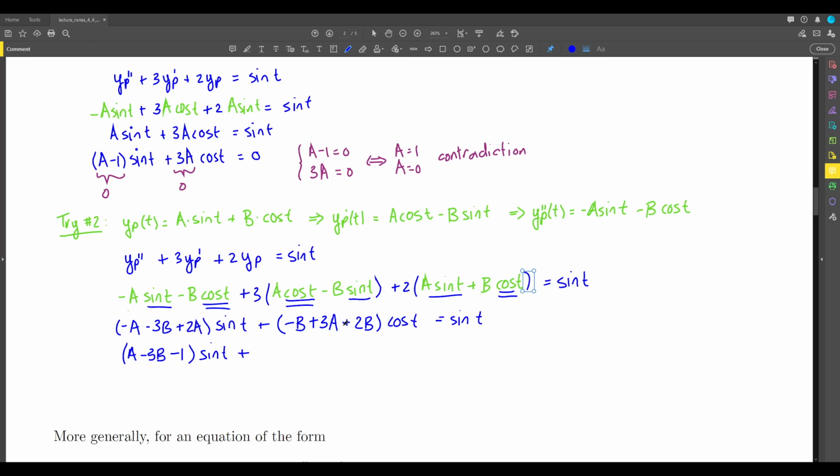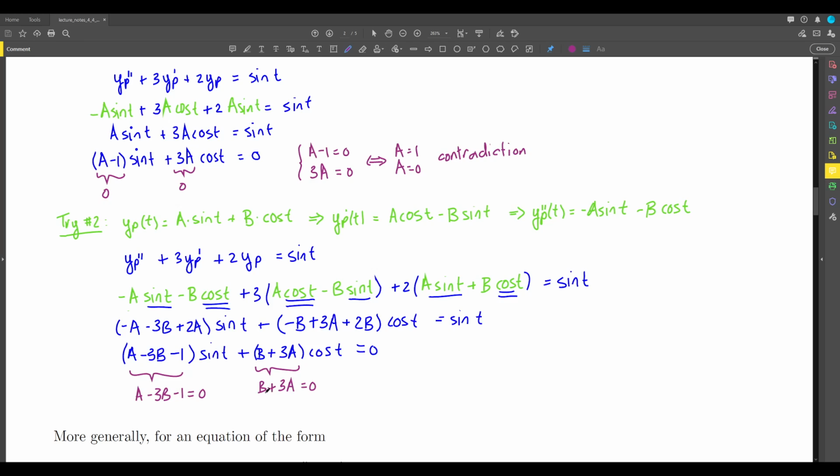And then the second part, negative b plus 2b, gives us b plus 3a times cosine of t, and that has to equal 0. Now, again, this has to hold for all t. So what we see here is that a minus 3b minus 1 has to equal 0, and we also see that b plus 3a has to equal 0.